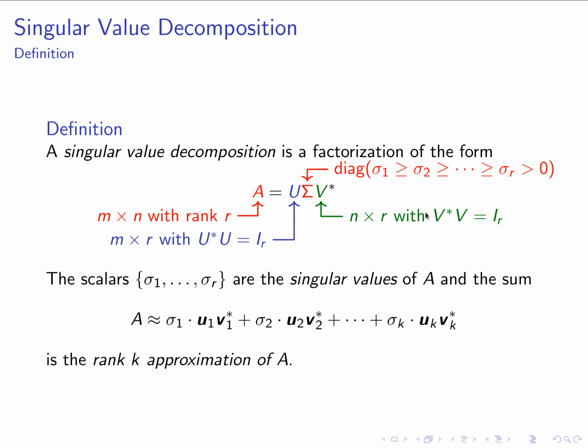So when we have a singular value decomposition, the scalars on the diagonal of capital sigma are called the singular values of the matrix.